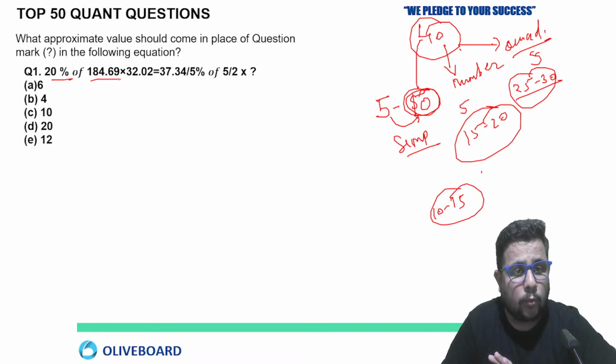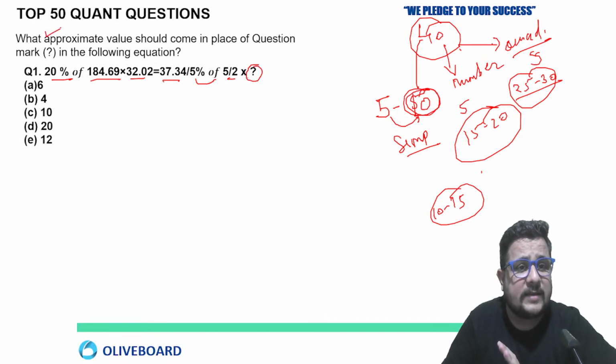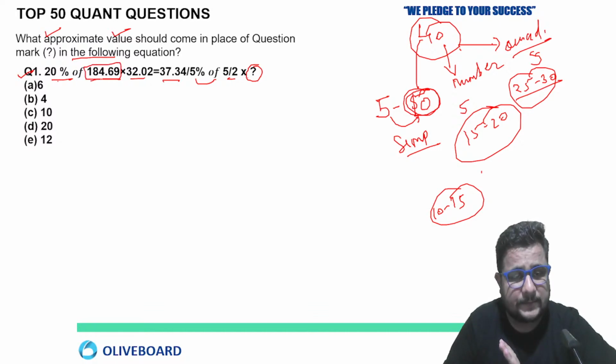20% of 184.69 multiply 32.02 equal to 37.34 by 5% of 5 by 2 multiply question mark. So what are they asking? What approximate value should come in place of question mark in the following equation? First, 20% of 184.69.